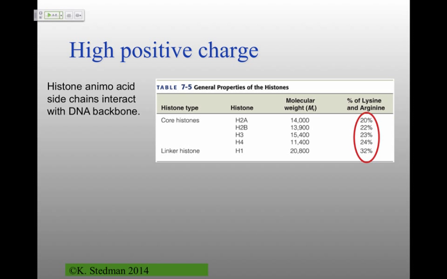DNA. And what's the charge of DNA? Negative. So again, not terribly surprising that that's the case. And just from seeing all these charges, it gives you a pretty good idea of what these histones are interacting with. They're interacting with the phosphates on the backbone. They're not interacting with the base pairs.